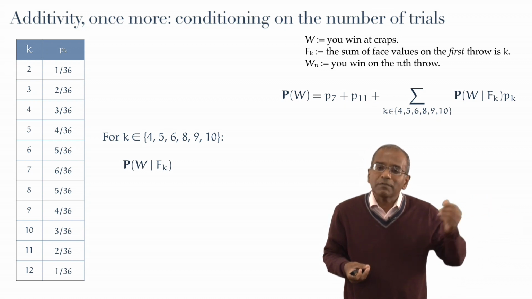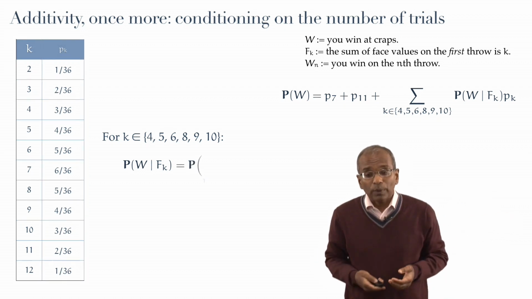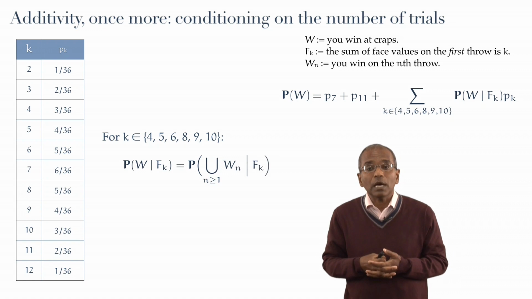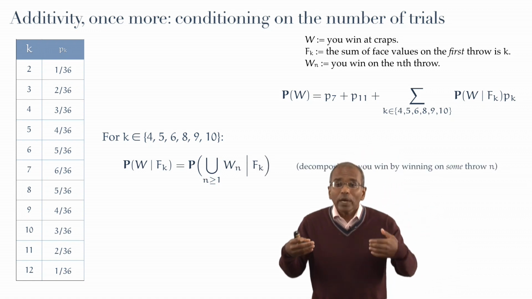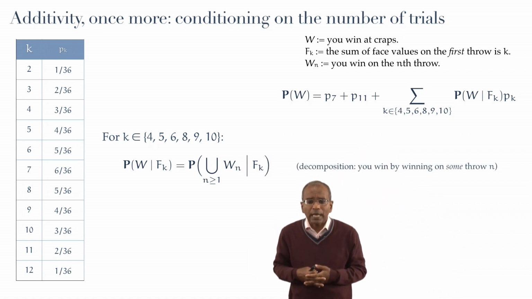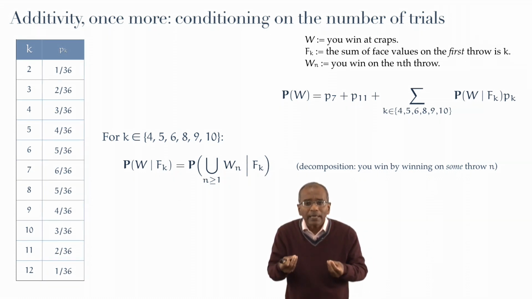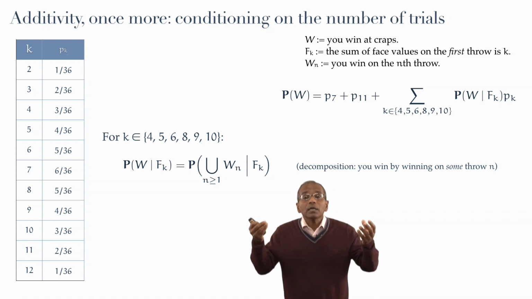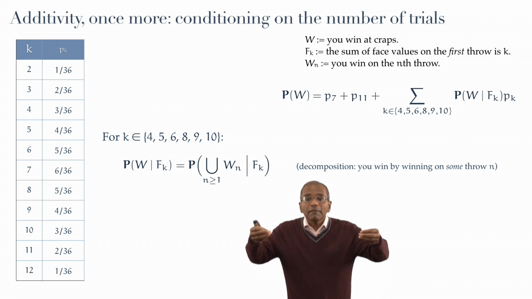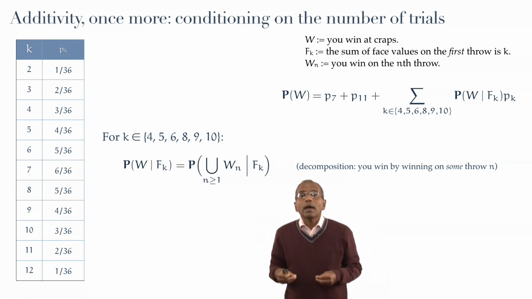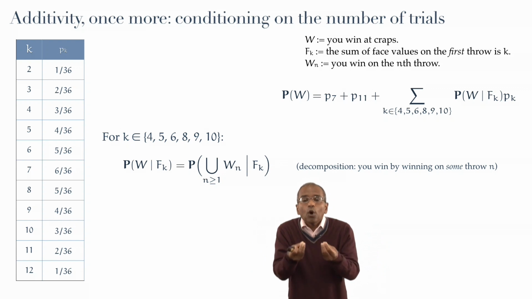ad infinitum. In still other words, we can write down the probability of W given Fk, where k is one of 4, 5, 6, 8, 9, or 10, as the probability of the union of the events W sub n, given that Fk has occurred, given that k was thrown on the first trial. What we've done is simply appeal to additivity and decompose the event that you win into the pieces that you win on given trials.